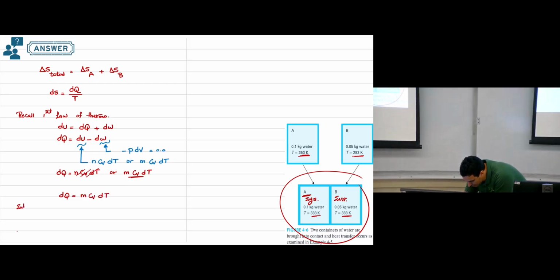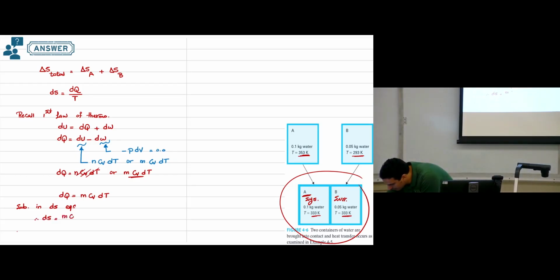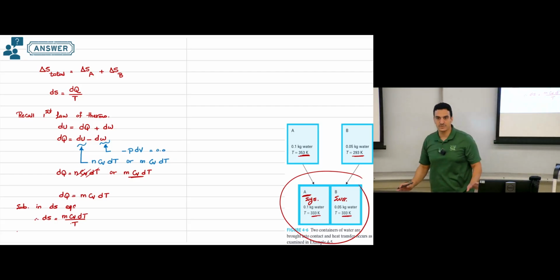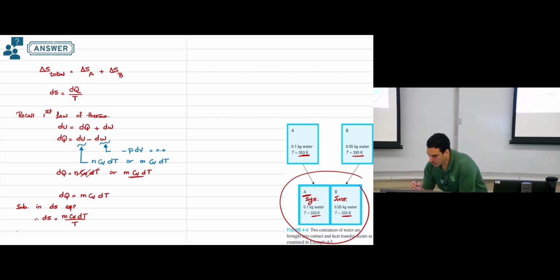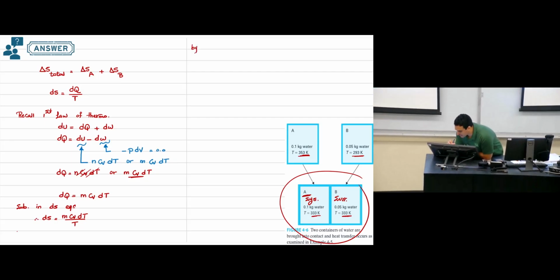Now this is the dq equation; substitute it into the dS equation. Then we can say dS will be m Cv dT divided by T. Make sense? Any questions so far? Now we can integrate this one.